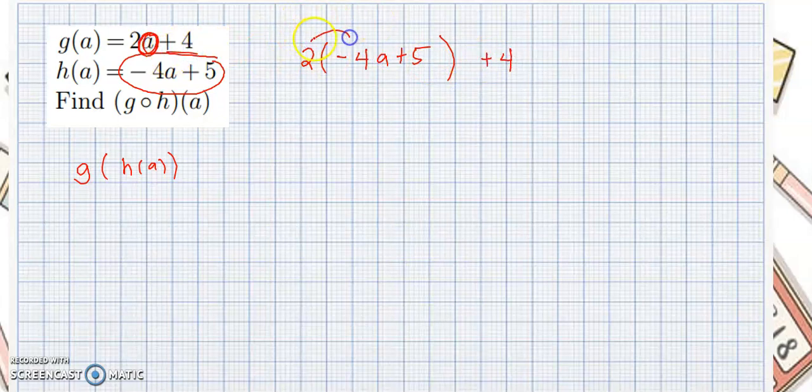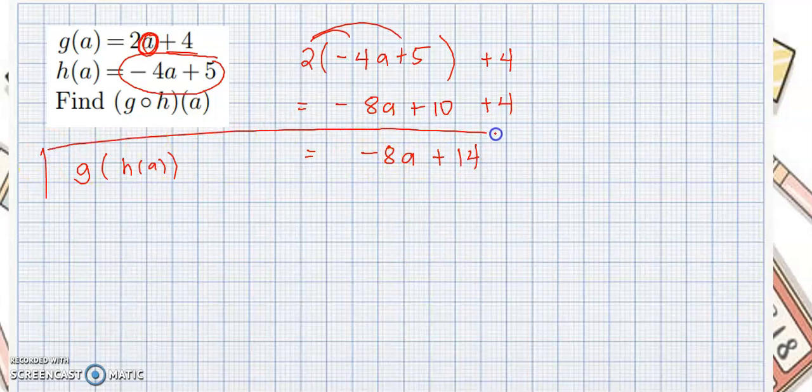Then we simplify by distributing the values here. So this would be negative 8a, since 2 times negative 4 is negative 8a, plus 10, plus 4. And that would be equal to negative 8a plus 14. So g of h of a is equal to negative 8a plus 14.